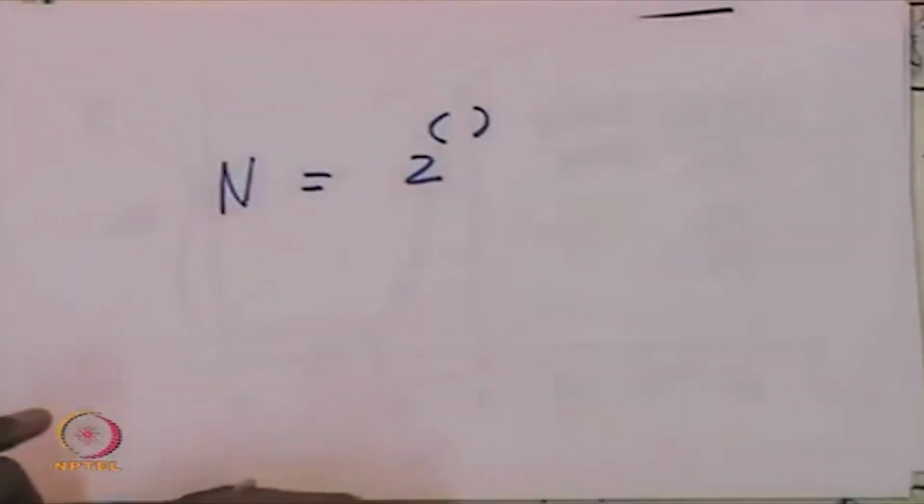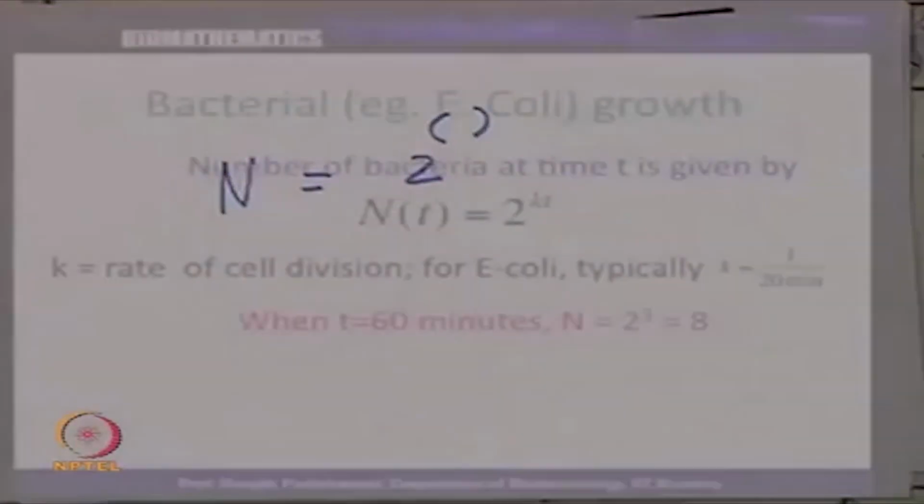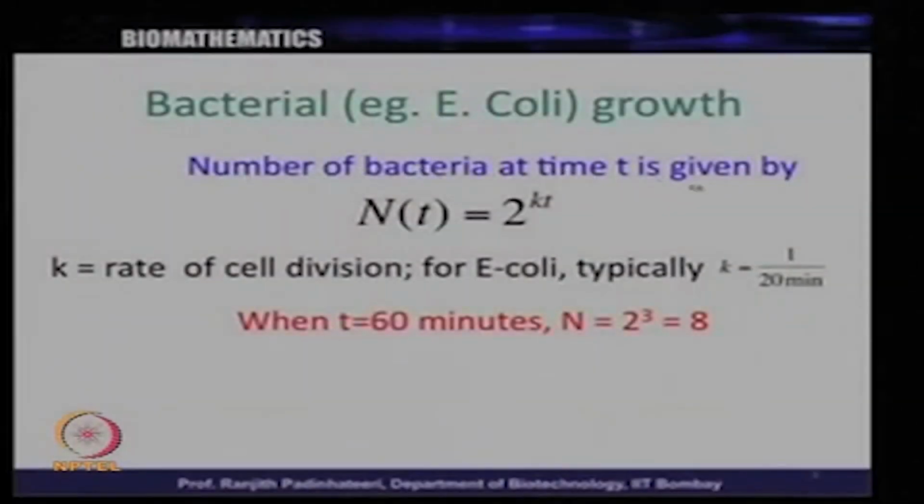Now, as we had said last time in the slide, the number of bacteria at any time t is given by 2 power k t. Here k t is the exponent, where k is the rate of cell division, which for bacteria is typically 1 in 20 minutes. So, k is 1 over 20, t is the time.